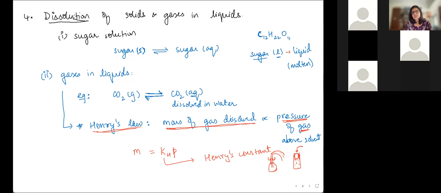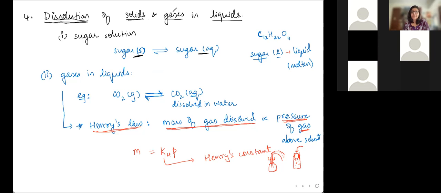I'm talking about dissolution, meaning the process of dissolving. So dissolving of solids and gases in liquids. I'm taking a liquid like water and I'm dissolving a solid in it. So the equilibrium is established between the solid and its dissolved form in the liquid.